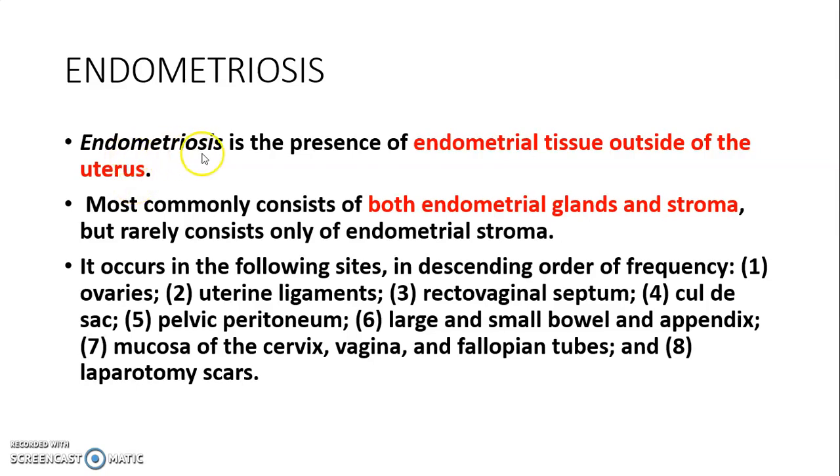So, presence of endometrium outside the uterus most commonly consists of both endometrial glands and stroma, but rarely consists only of endometrial stroma. So, if you are getting endometrial glands and stroma outside the uterus, it is endometriosis.